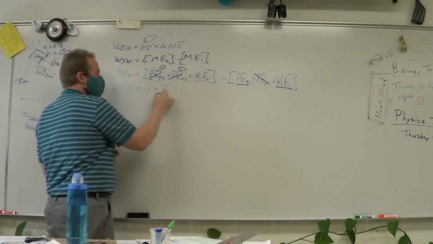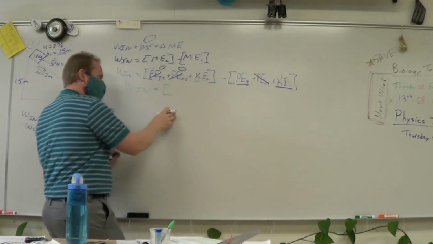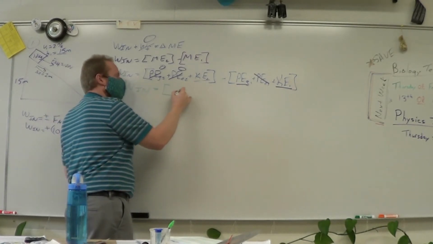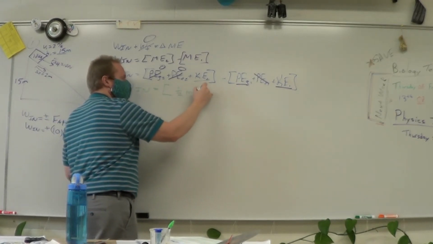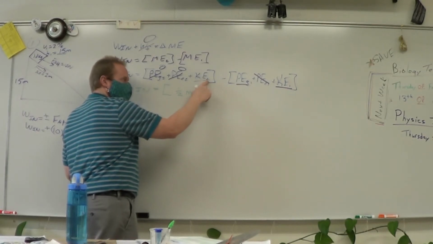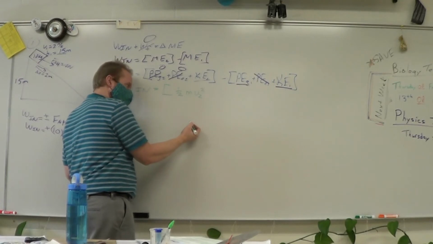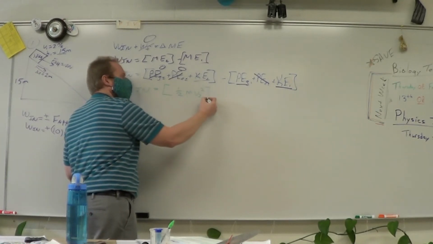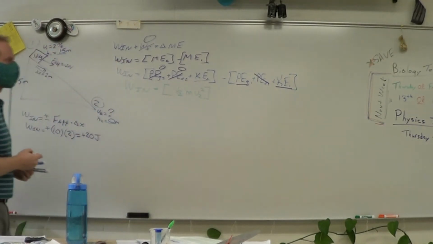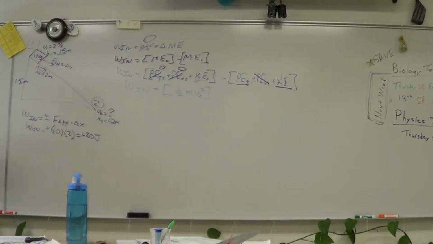But I go through and I say, well, kinetic energy. In order to calculate kinetic energy, that's 1/2 the mass times the velocity squared. And since we're talking about kinetic energy at location 2, this is going to be the velocity at location 2 squared. And final minus initial is important. Because if we have a positive work in, that means we have more mechanical energy at location 2 than what we started with.